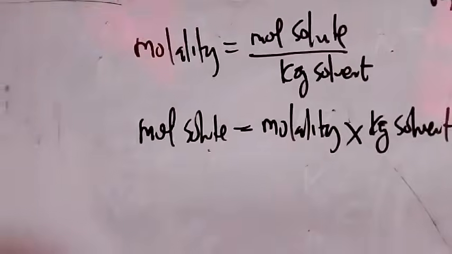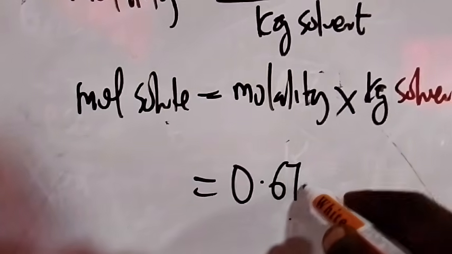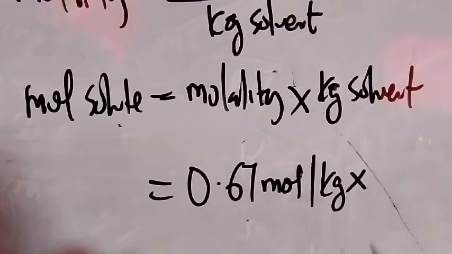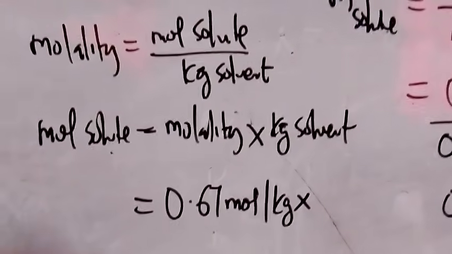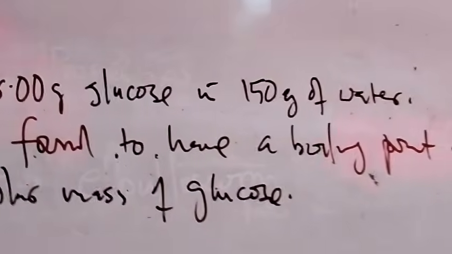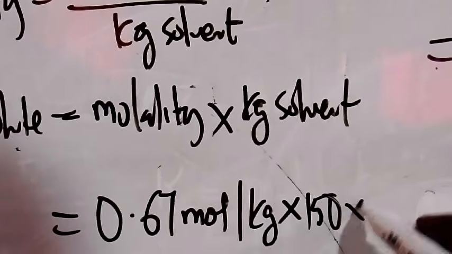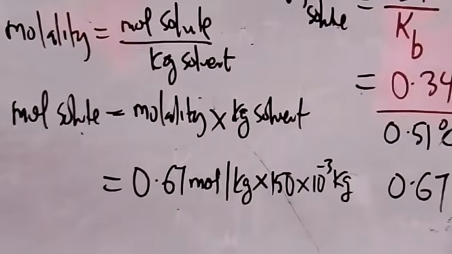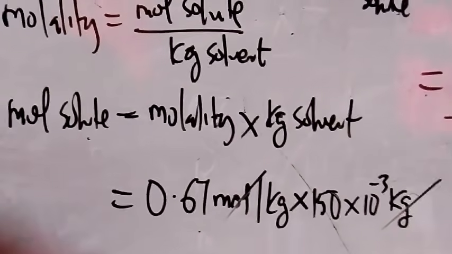Okay, so we know our molality is equal to 0.67 mole per kg times kilograms of solvent. What is the mass of water? Our solvent is water, 150 grams. Okay, so we're going to write 150 times 10 to the power negative 3 kgs. Okay, so you can see clearly that the kgs will cancel.